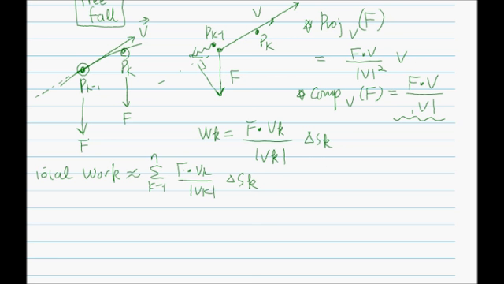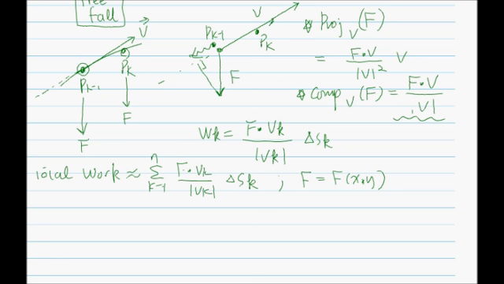So this looks a lot like a line integral. The only problem here is that F is a function of x, y, but v is not quite a function of x, y. v depends on how you parameterize this thing. In here, the gravitational force is completely determined, but in general this is not quite a function of x, y. It depends on the parameterization.